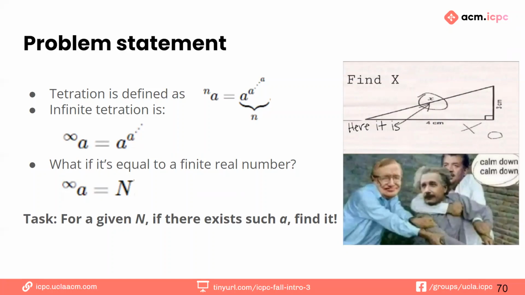There is a certain range of numbers a that can actually lead to a real finite number. Let's call it n. So the task is, for a given number n, if there exists such a, we want to find it.